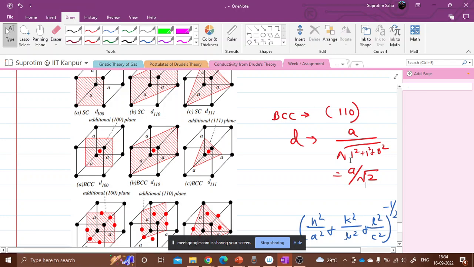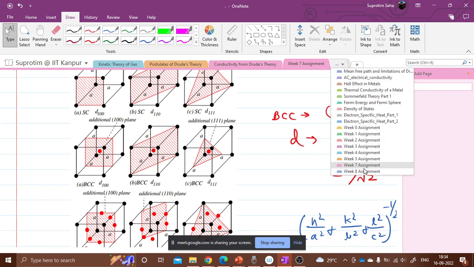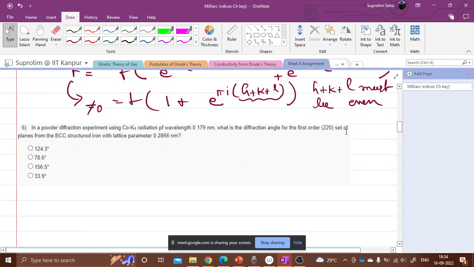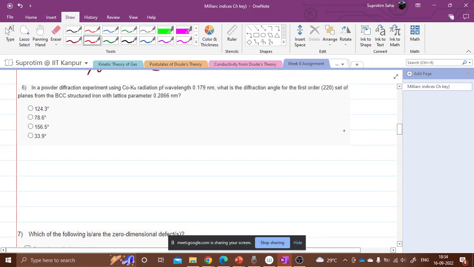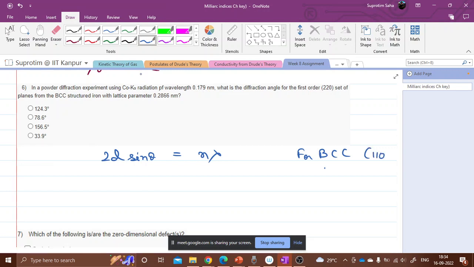We also talked about 220, which is a multiple of the 110 plane, a family of planes. So you have to use Bragg's law, that is 2d sin theta equals n lambda, and for BCC 110, d is a by root 2.